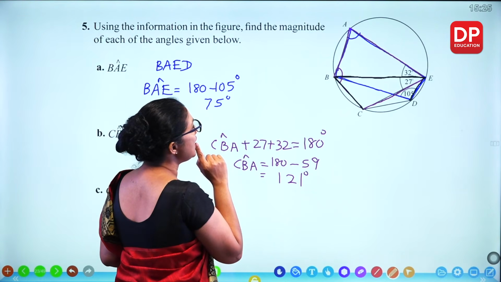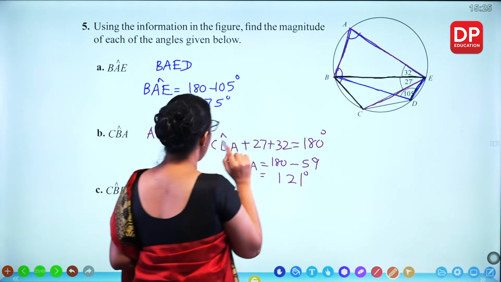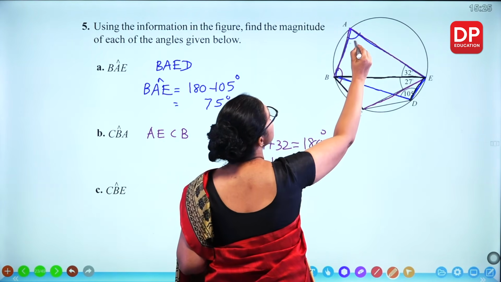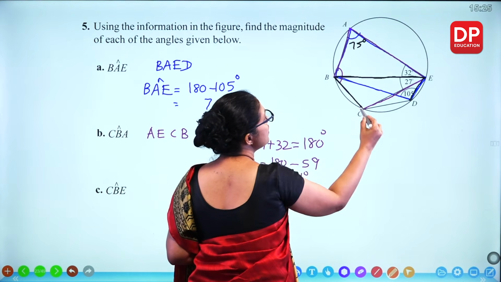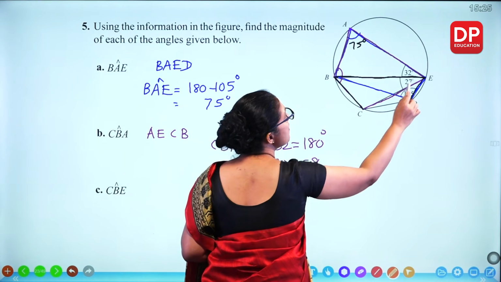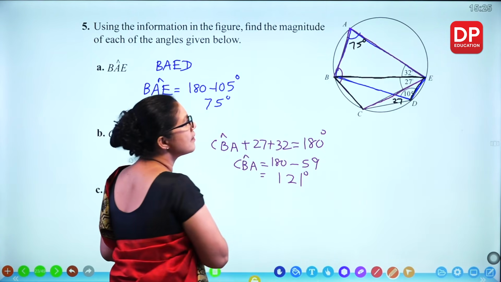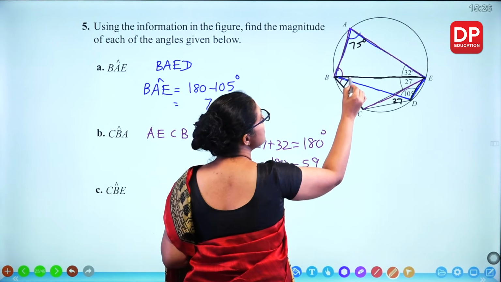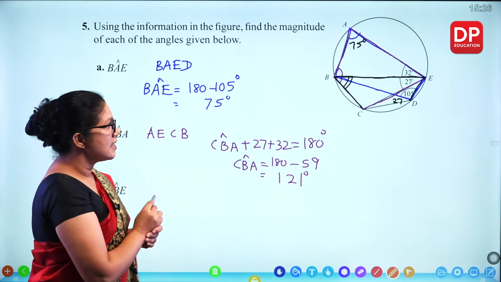We found CBA, this whole thing we found, and previously 75 is BAE. So this is 75. When you take BC chord, same segment angles, this is 27, this is 27. Now we can find out this angle. This means CBE.